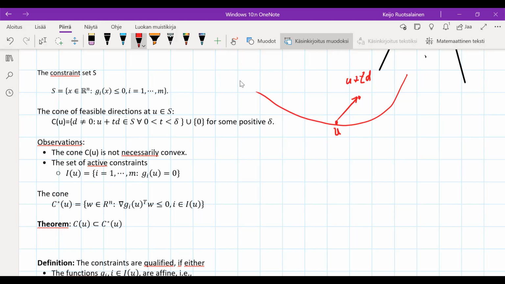I can take here another direction. Here is also a direction which belongs to the cone.